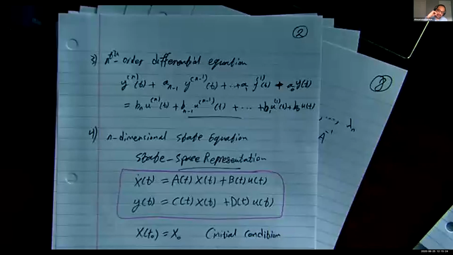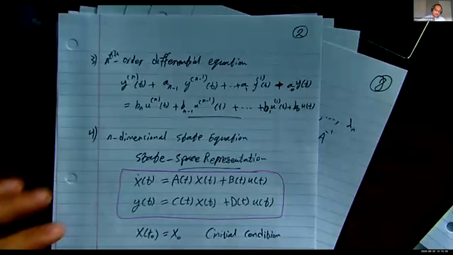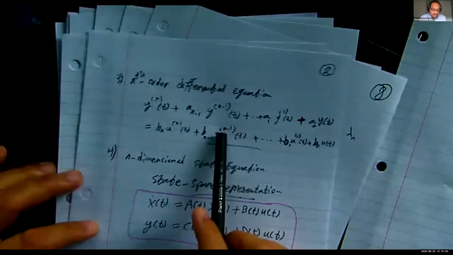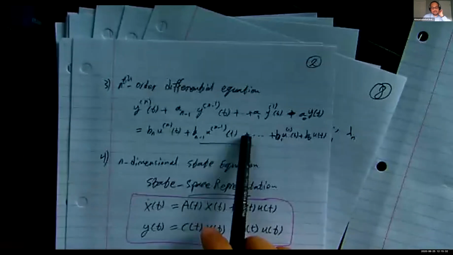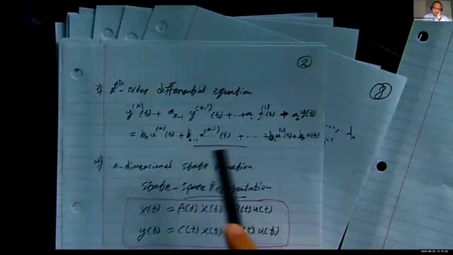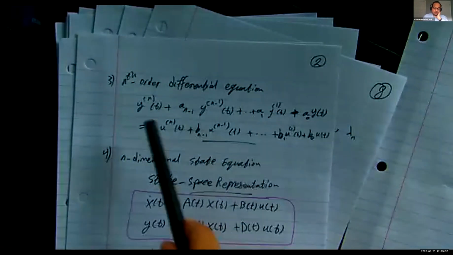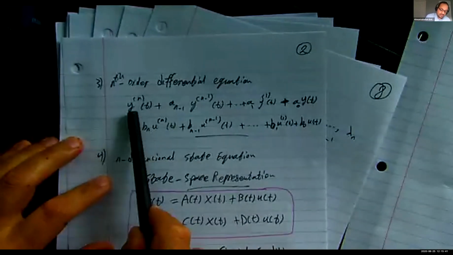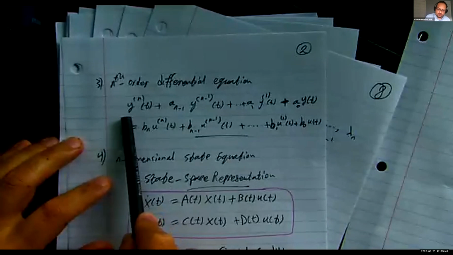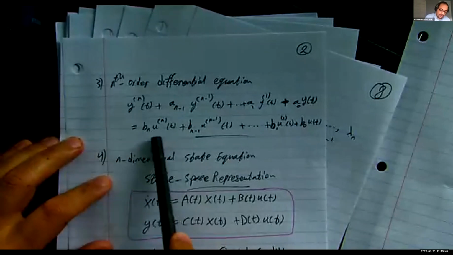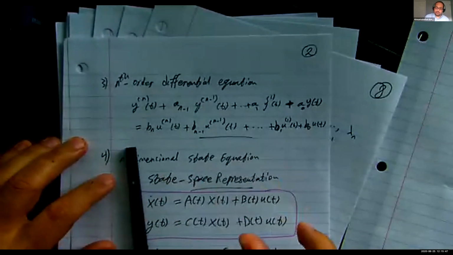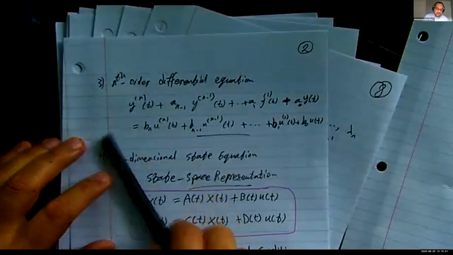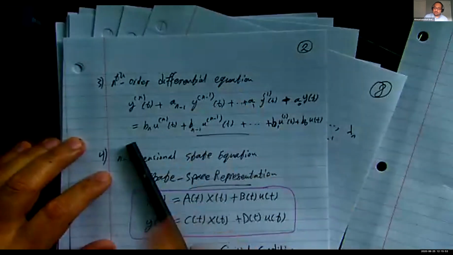All right. Let me see if I can answer your question. I may not be able to, but for example, for this differential equation, it is assumed that y and u are in vector form, meaning y could be y1, y2, y3, y4, and u could be u1, u2, u3, u4, and so on.